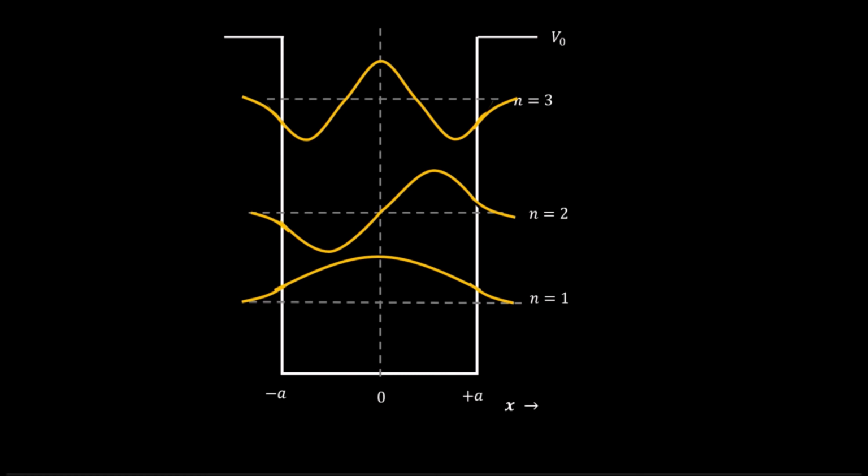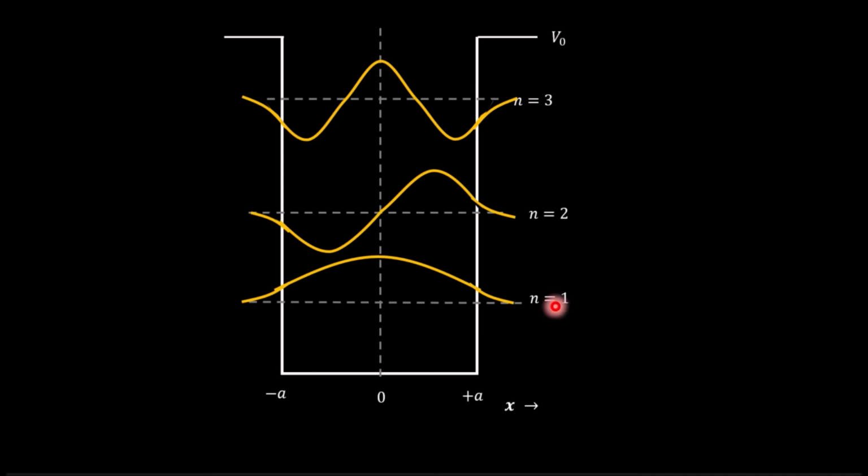Wave functions have tails beyond these classical turning points. That is, there is a finite probability for the particle to be found outside the well in the immediate vicinity of the boundary. In other words, a quantum mechanical particle can tunnel or leak into the classically forbidden region.